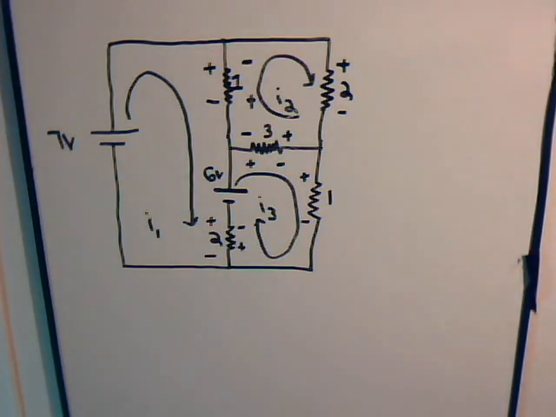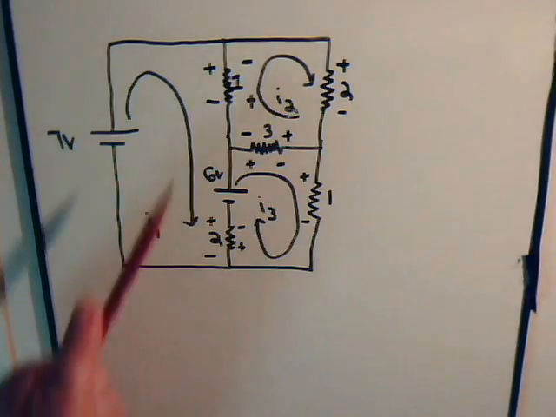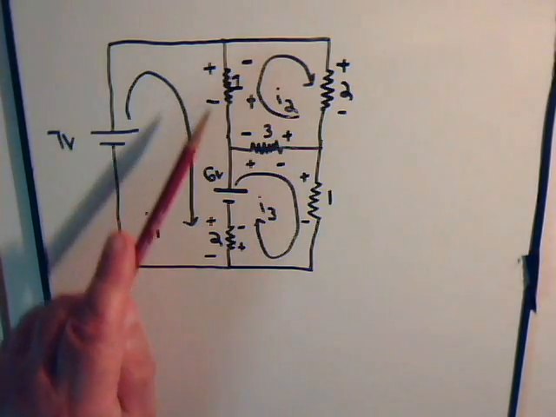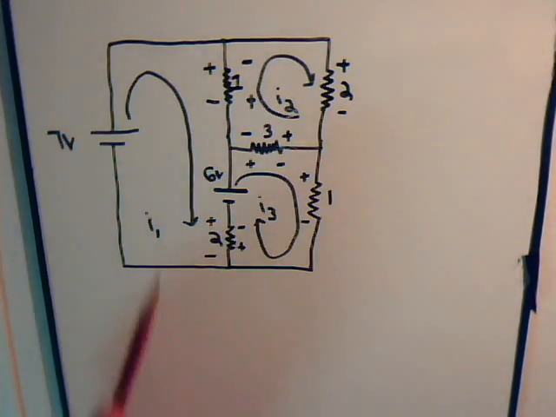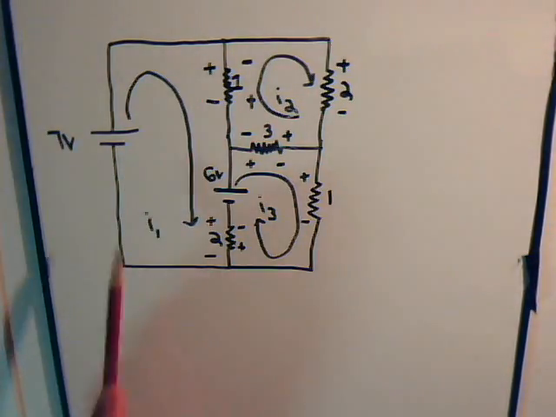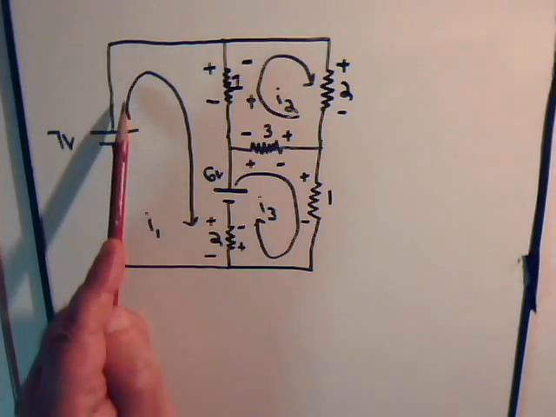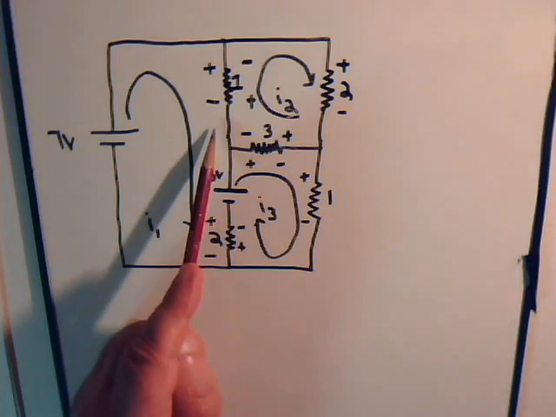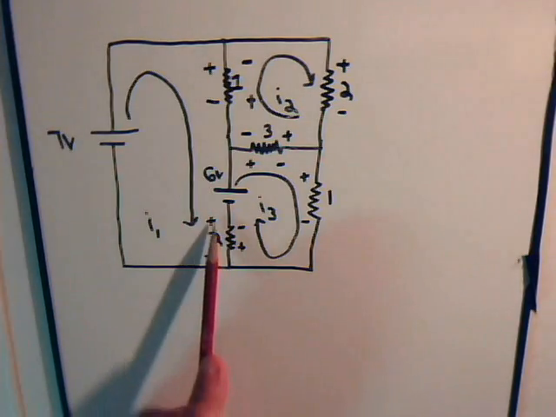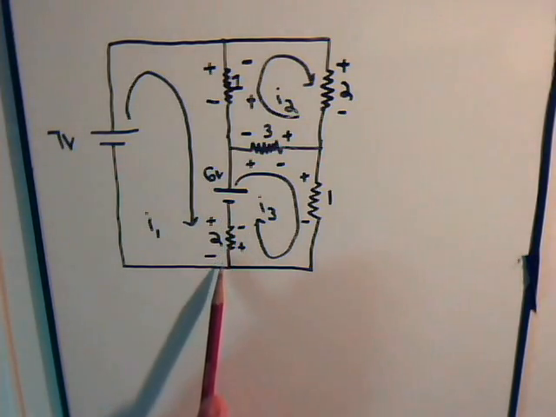Another thing that we consider is that when a current flows through a resistor, it enters the resistor at a higher potential and exits the resistor at a lower potential. So we show it as a plus minus, because here current I1 is going through resistor 1 in this direction, and resistor 2 in this direction.